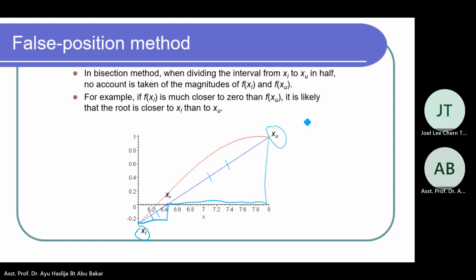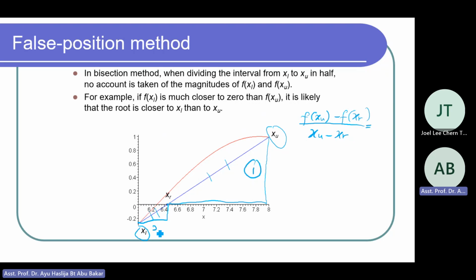FXU minus FXR is similar to this side. This is gradient 1, gradient 2.